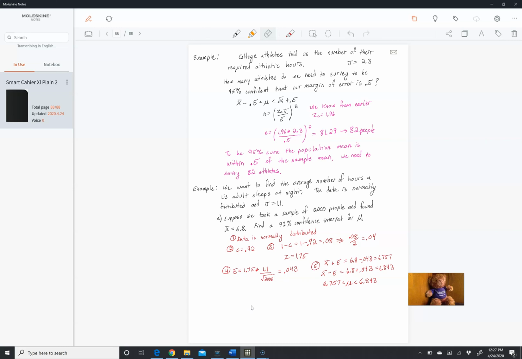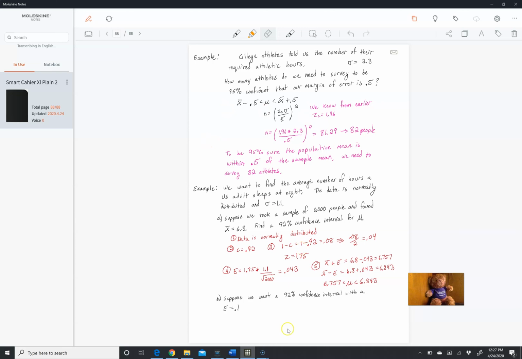Okay. Let's ask the question differently. Let's suppose we want a 92% confidence level, a 92% confidence interval, with a margin of error that's equal to 0.1.